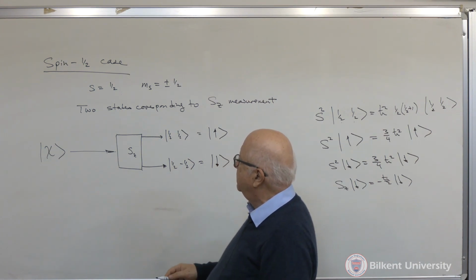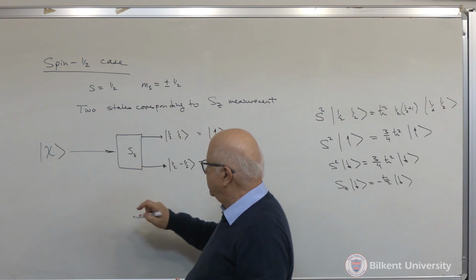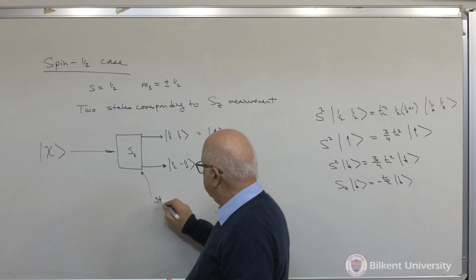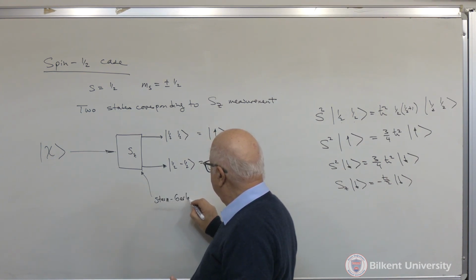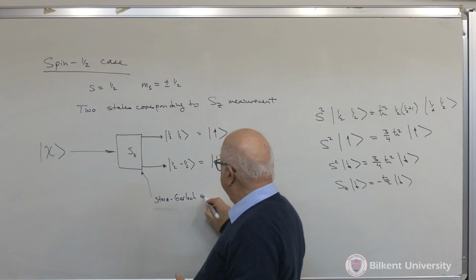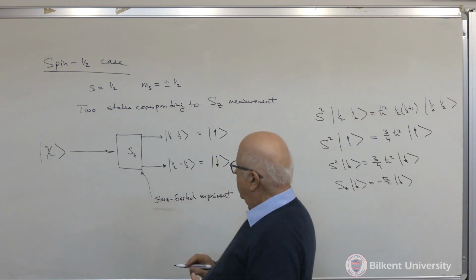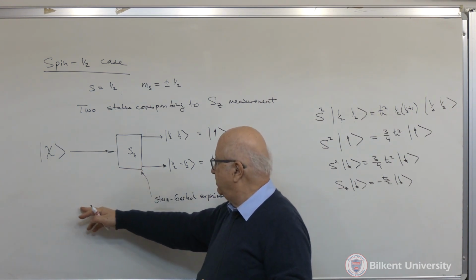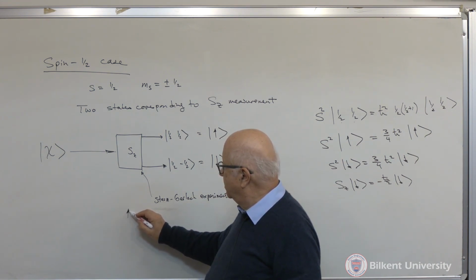At least in principle, what you do is you take this particle. This experiment is called a Stern-Gerlach experiment. You have a particle coming in and it has a magnetic moment.